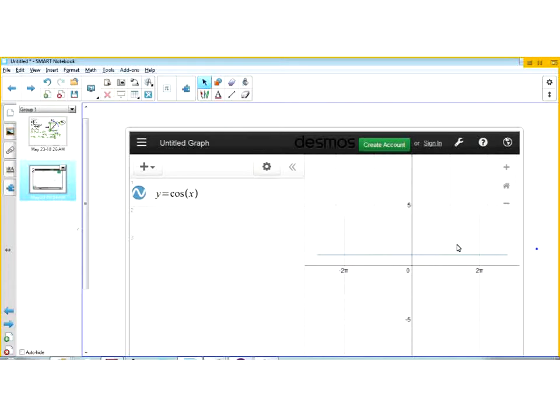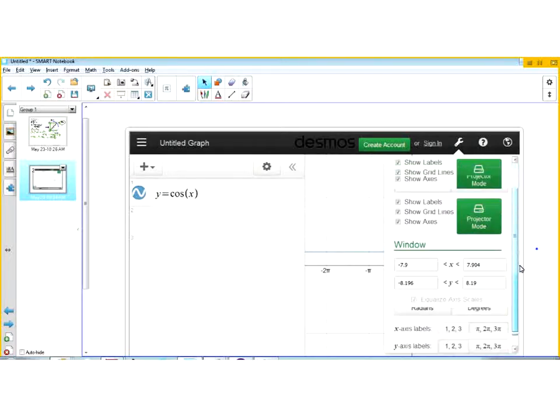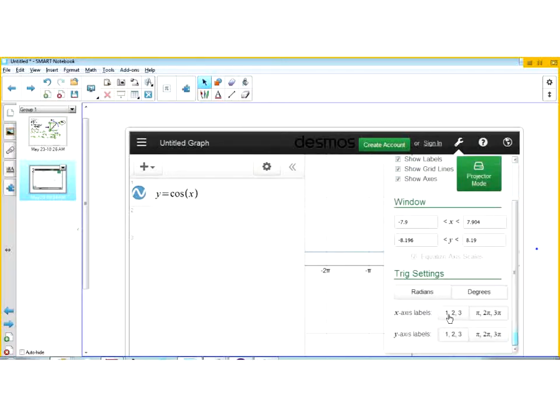Sometimes x is kind of tricky here. Let me check the window settings. Radians. Oh, there we go. Yeah, so you have to make sure that you check the radians box.